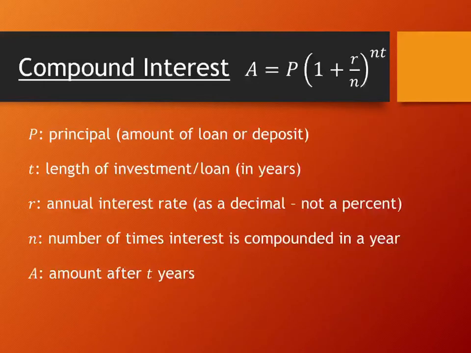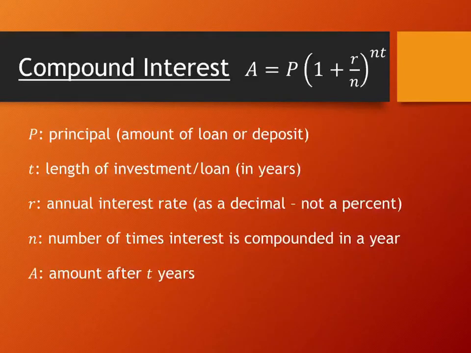Monthly would be 12 times a year. And you can get more specific. I mean, those are the ones that you see used in financial institutions most frequently. But in terms of a book creating problems, if it says daily, it's 365 days a year. We're ignoring leap year, okay? If it says weekly, that's 52 times a year. So those are some other options of things that can show up.